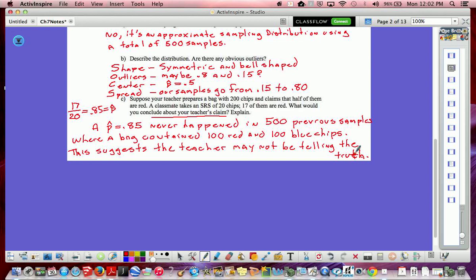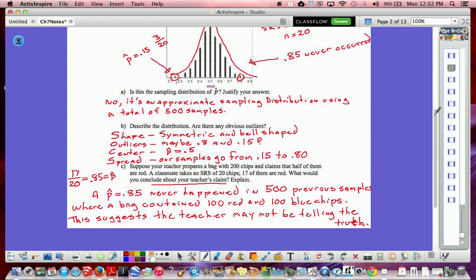So in this case, the first student got a result that never occurred in 500 samples. Never occurred probably means that maybe something's wrong, or we just happened to get that one extreme outlier right away on the first try. Could that happen? Sure.